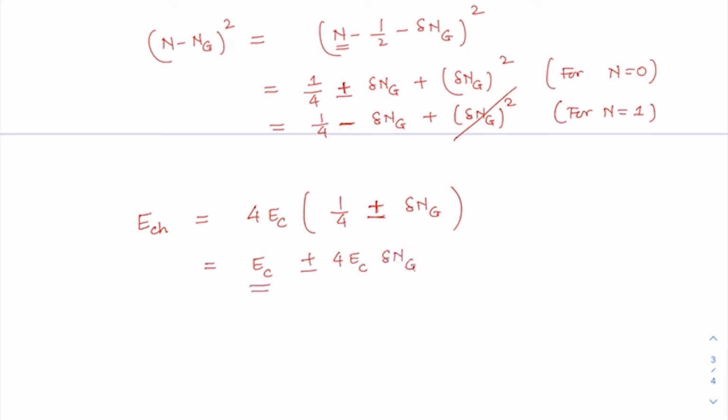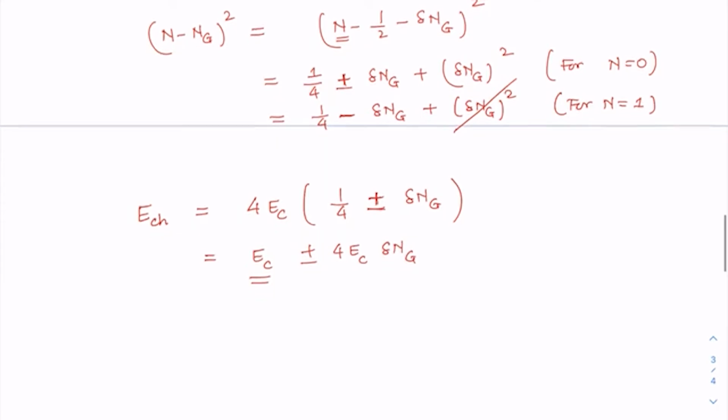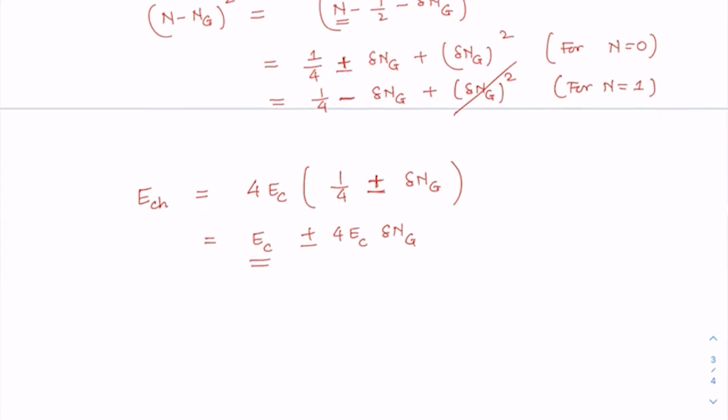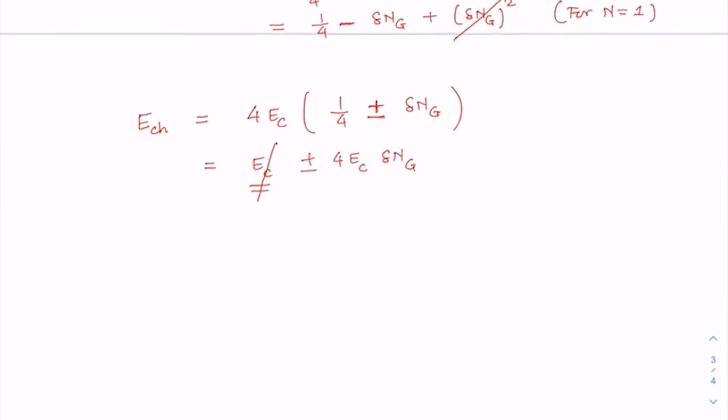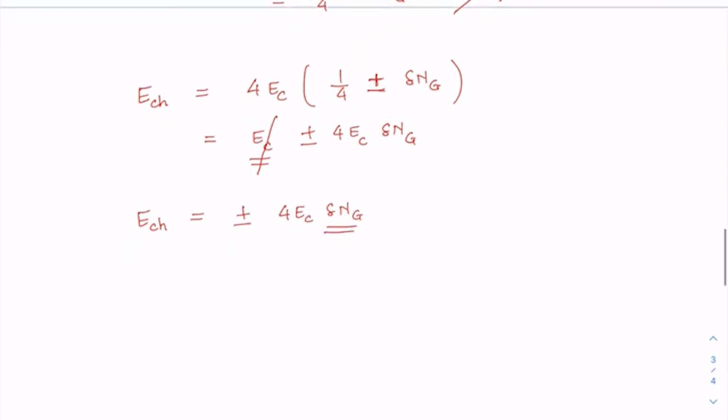Now this term is basically a constant, it is simply an energy offset, so we can ignore this constant term as well. If we ignore that, then we will have the charging energy as plus minus 4 EC into delta Nz. Recall that delta Nz is the controllable parameter which you can vary.